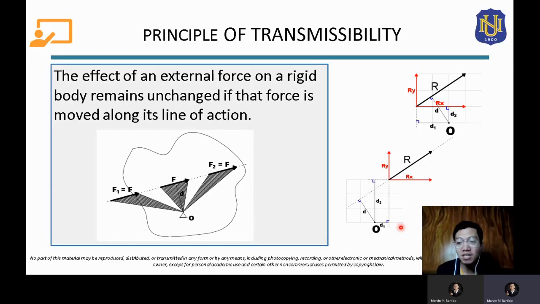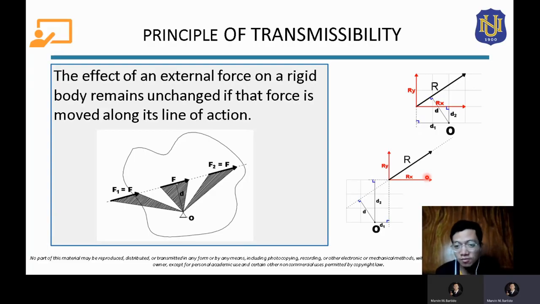So meaning to say, your component forces can be placed also here, right? So if you solve for the moment of these component forces, it's also equal to the moment of these component forces positioned here. So that's how the principle of transmissibility works.